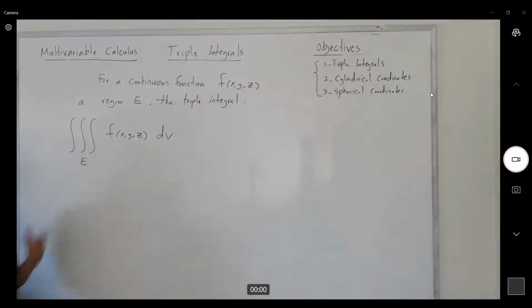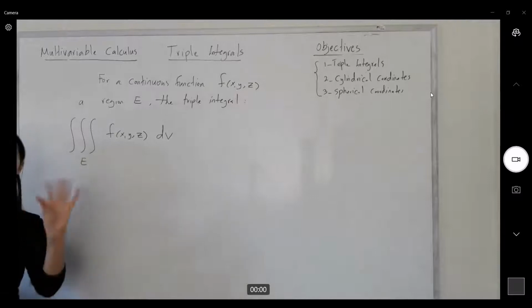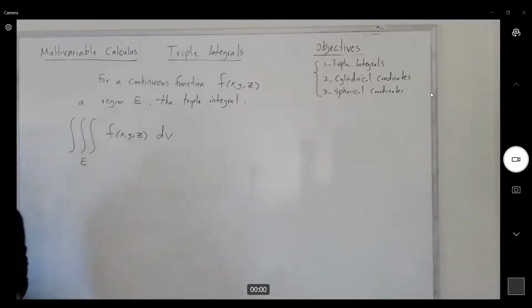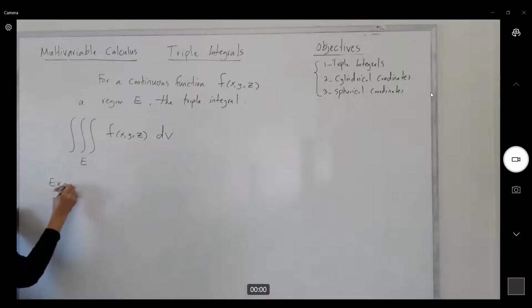To calculate such integrals, we have different techniques. The very first one is having region E, which is just a little box in space. By going over one example, let us feel more comfortable about this integral.